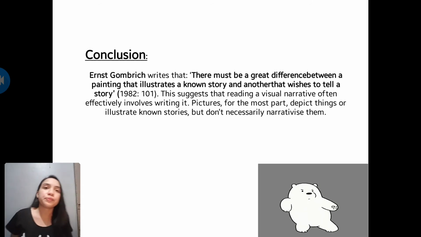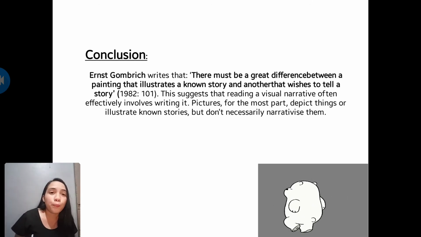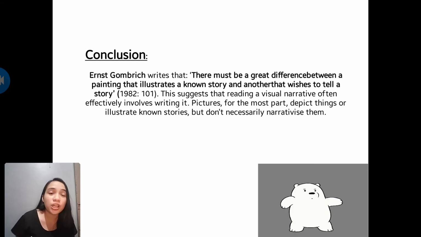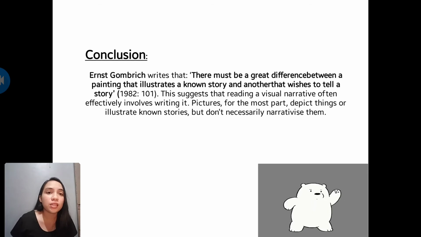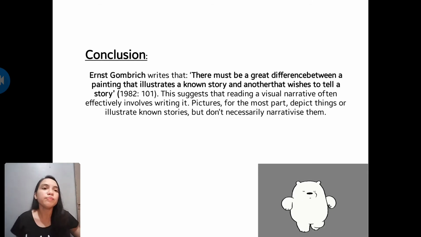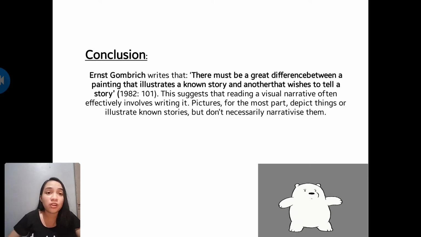There is a person, Ernst Gombrich, who writes that there must be a great difference between a painting that illustrates a known story and another that wishes to tell a story. So this suggests that reading a visual narrative often effectively involves writing it. So for him, reading a visual narrative should have words, should have a kind of text writing on it.